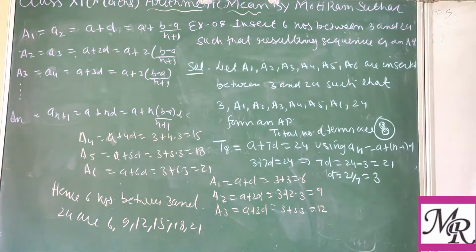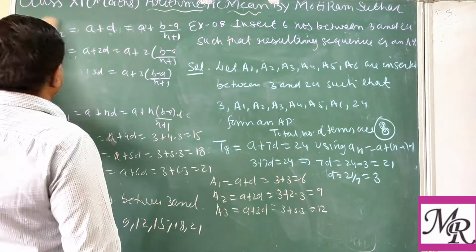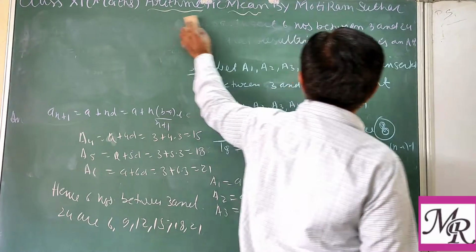In this way one can find numbers which are inserted between the given numbers so that the resultant sequence forms an AP.